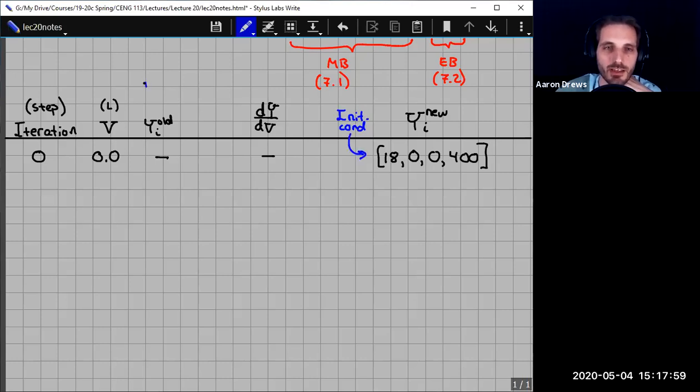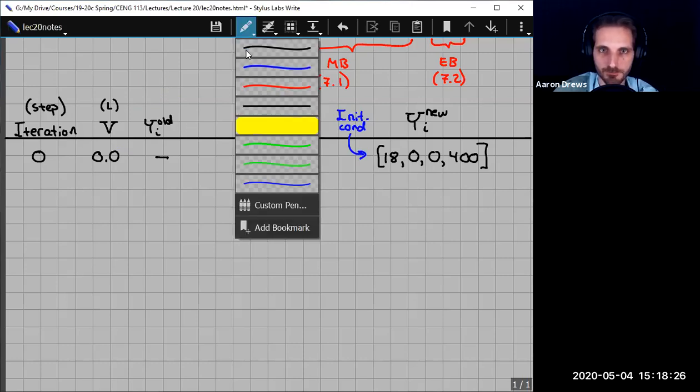And notice there's kind of an initial condition over here in the sense that volume always starts at 0. We never start our calculation from the middle of the reactor, because we never know what's happening in the middle of our reactor. We only know what's happening at the beginning of the reactor. So you can think of that as an initial condition, all lumped together. We know those values at the beginning of the reactor.